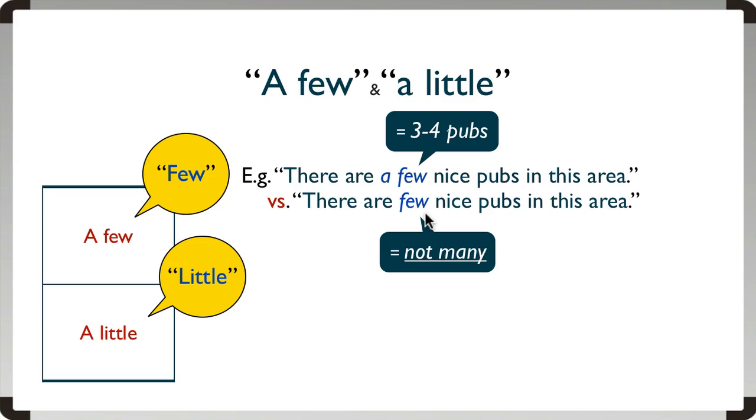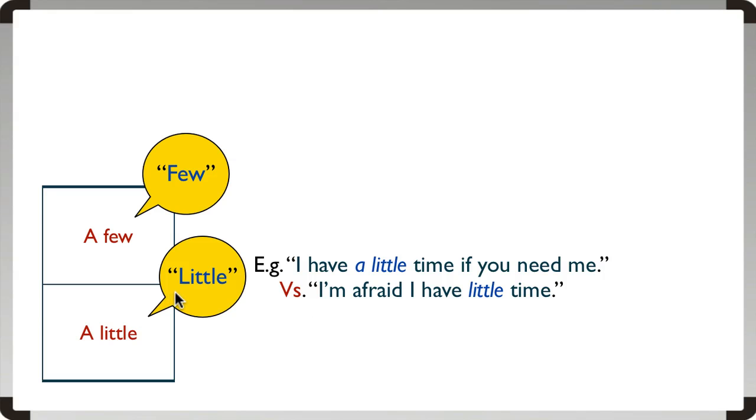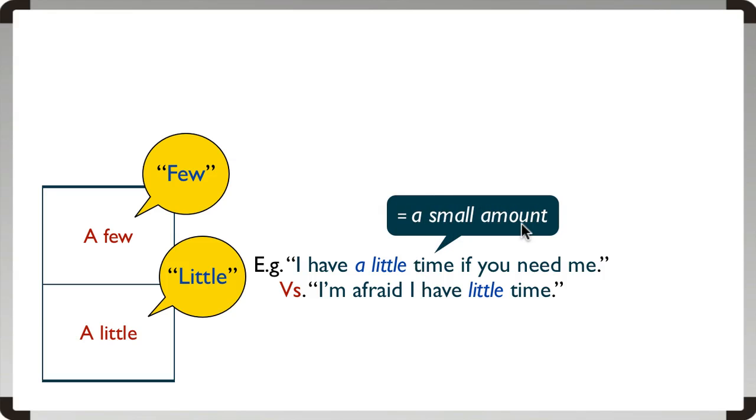Let's have a look at a little and little. I have a little time if you need me, and I'm afraid I have little time. What's the difference in meaning? Well, in the first sentence, a little, we are talking about some time or a small amount of time.